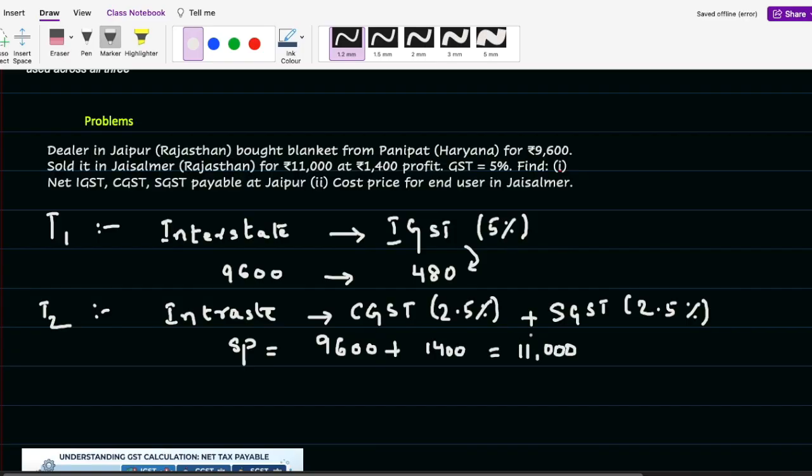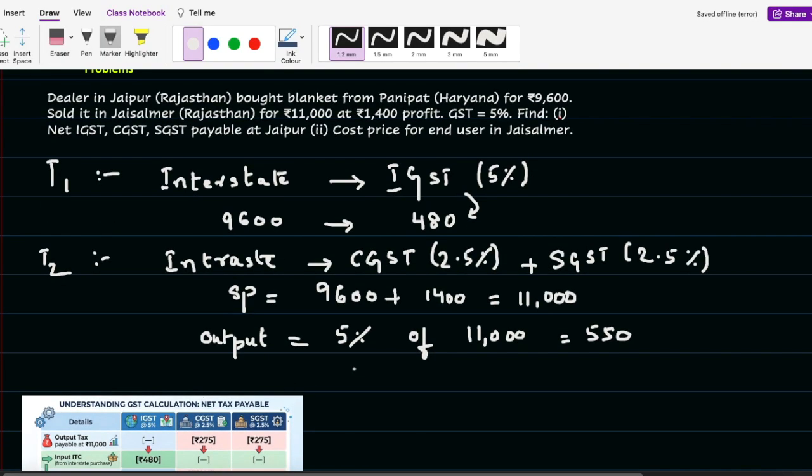On 11,000 output, if you take out 5% of it, then it will be 550. Output GST is 5% of 11,000, which is equal to 550. So you can write output CGST equal to half of it, rupees 275, and SGST the same.